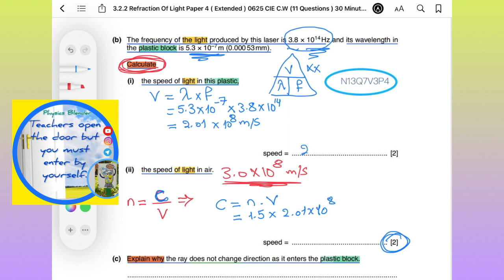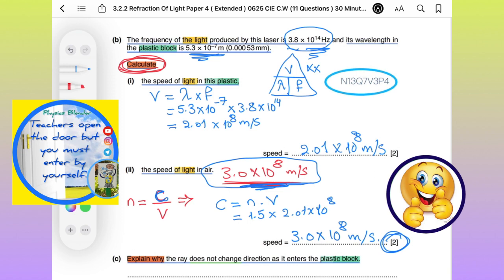So you have to write here the answer. And don't forget to write the correct unit. Units should be consistent. Okay? So the answer is 3 times 10 to the power of 8 meters per second. So although you should know this value as extended candidates, you have to calculate and show your working.